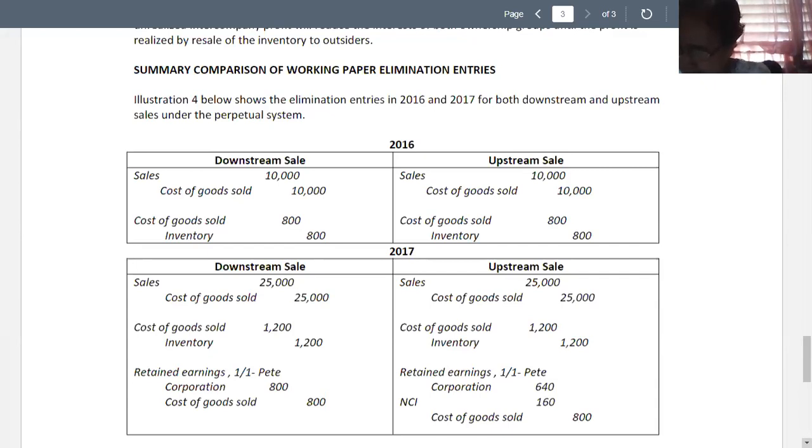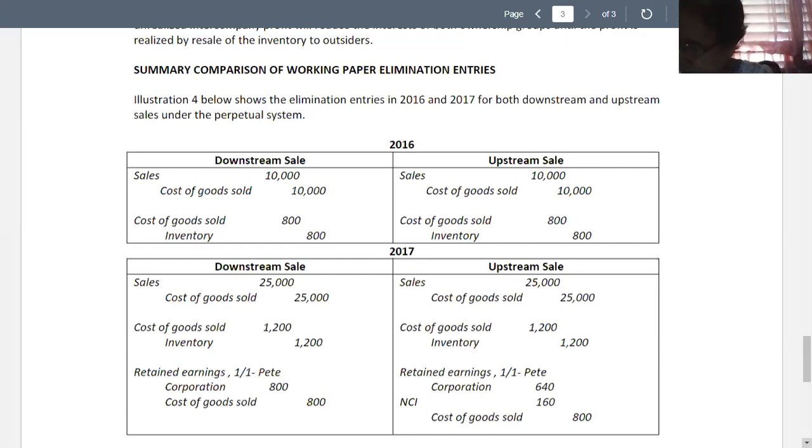Now, these are involved in our upstream sale. Now, let's have the computations for the non-controlling interest. For the elimination entries, take note that we have similar elimination entries, and even with the other entries in the books of the consolidated entities.